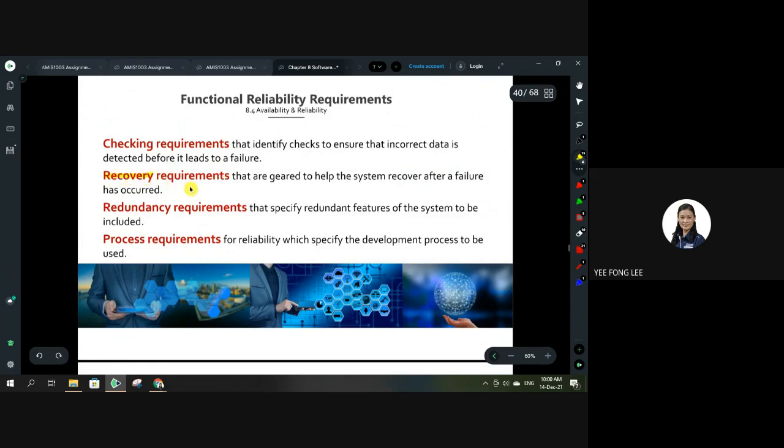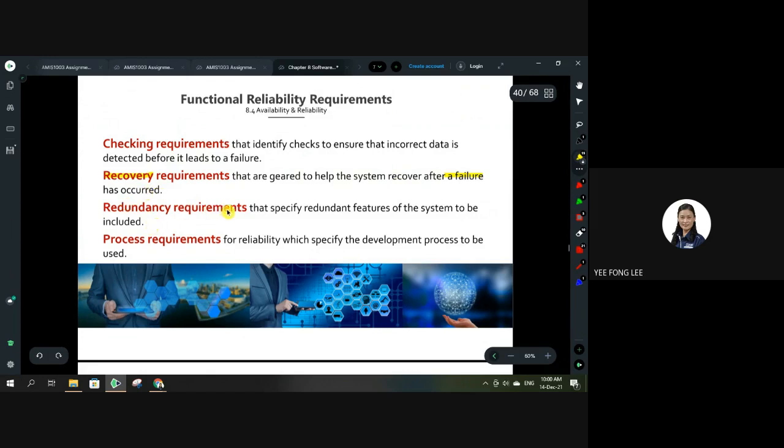Look at the term here. It concerns the backup or redundancy copy of the system, and also how to restore the system after a failure has occurred.